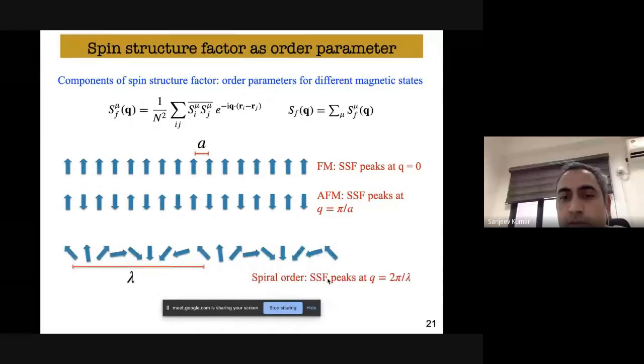Then the spin structure factor calculation performed on this object will show a peak at q equal to 2 pi by lambda. What will be more interesting is that in the fermion cases, different components of this structure factor can show modulations of different wavelengths, and that's what this multi-peak behavior of the spin structure factor will be.